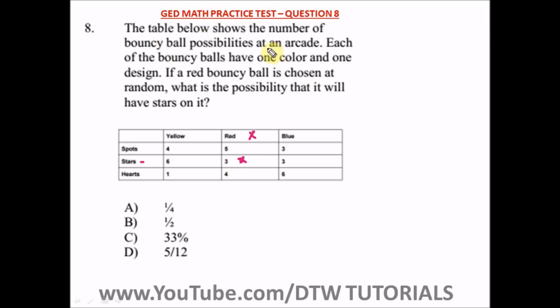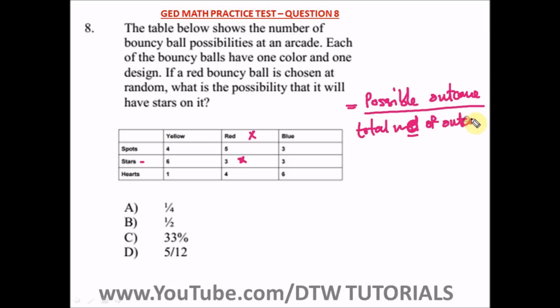So to get the possibility of choosing at random a red star bouncy ball, what would that be? You should remember that the possibility of choosing an item at random is equal to the possible outcome over the total number of outcomes.